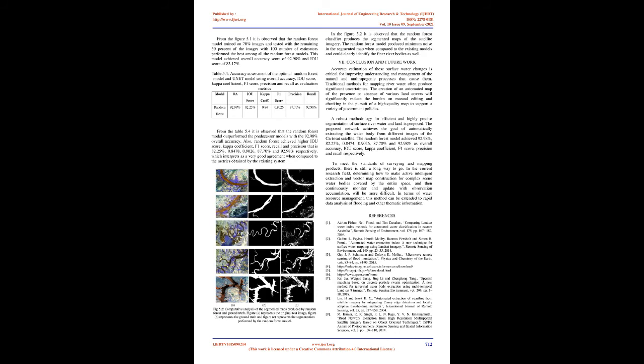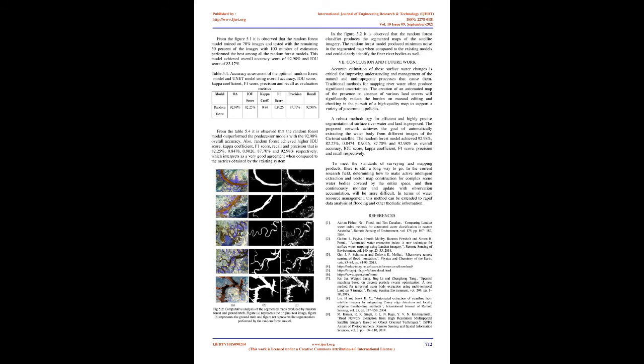D. Precision. Precision is defined as the proportion of relevant instances in the total number of retrieved instances. Precision is calculated by dividing the number of true positives by the number of true positives plus the number of false positives.